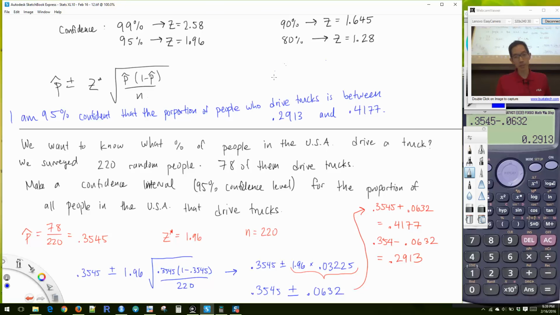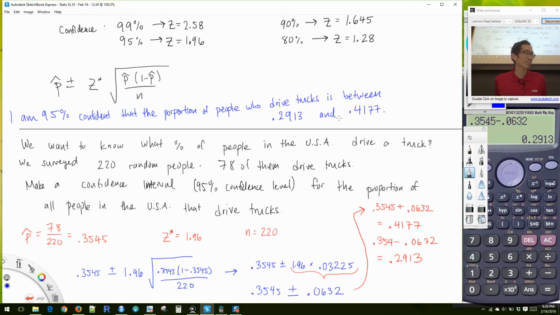Well, here's another question. Do we have evidence that the percentage of people who drive trucks is different from 40%? Maybe some magazine says 40% of the population own trucks or drive trucks.